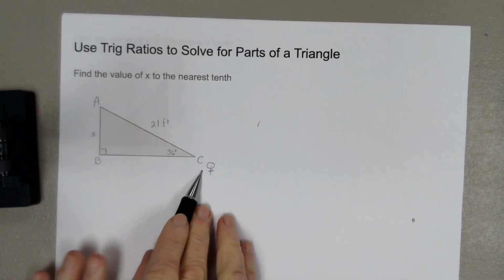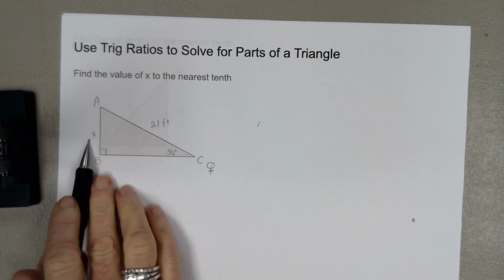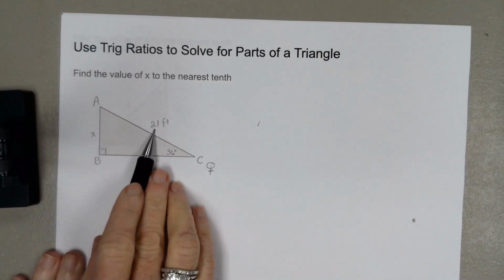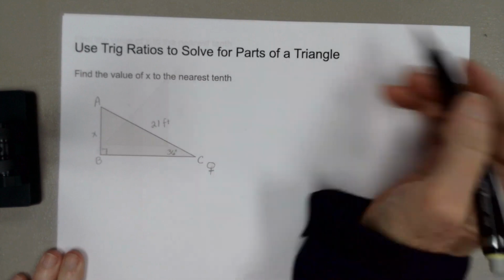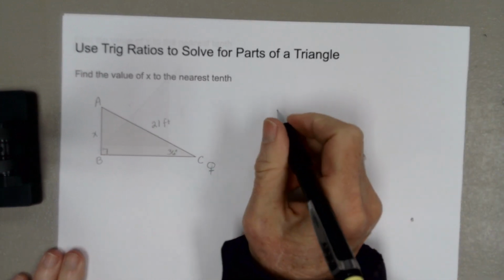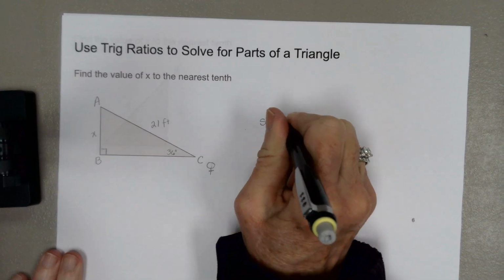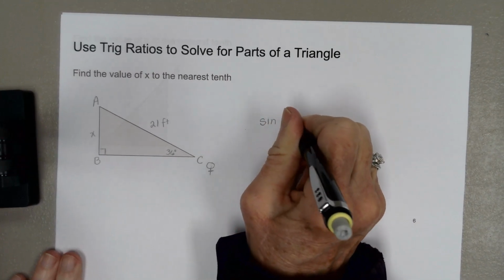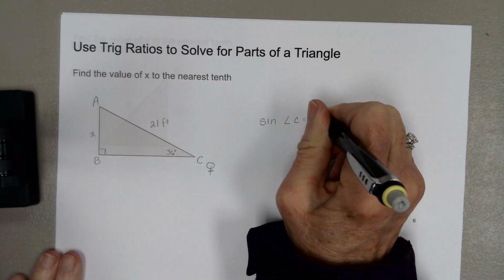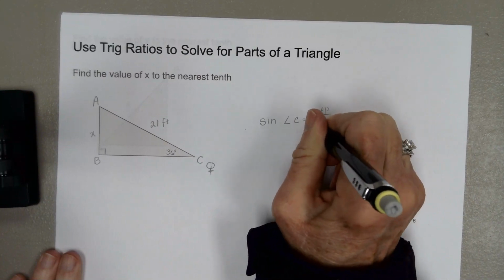So if I'm standing here, what I'm trying to find is opposite, and I know the value of the hypotenuse. So opposite and hypotenuse, if you remember, is the sine. So the sine of angle C would equal opposite over hypotenuse.